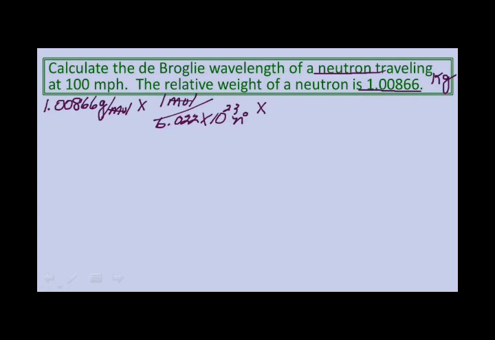So we multiply this by kilogram over 10 to the 3rd grams, so that our grams cancel, and we come out with, or at least I got, 1.675 times 10 to the negative 27 kilograms for every neutron.